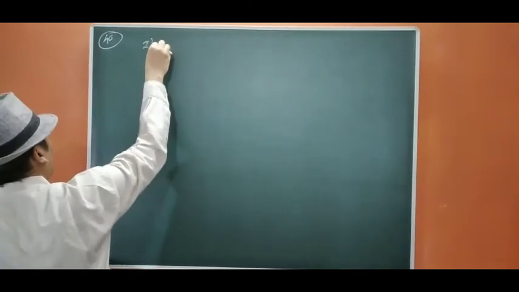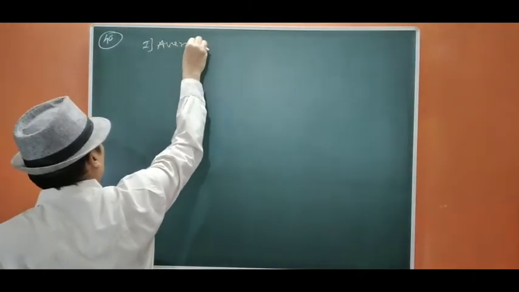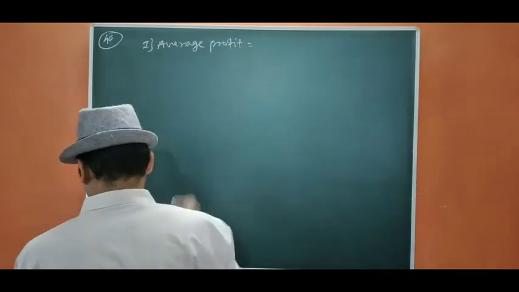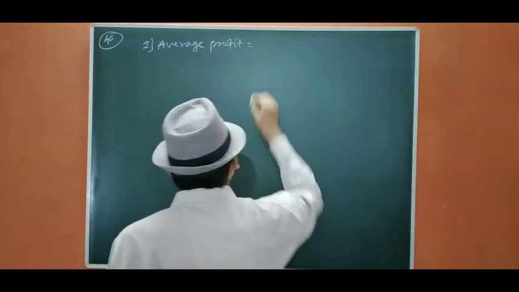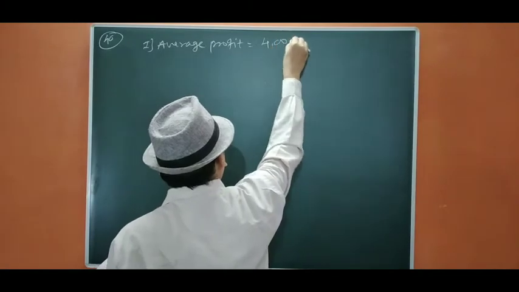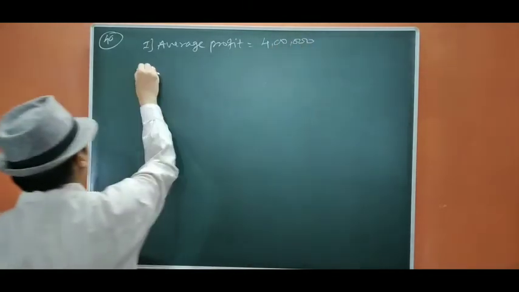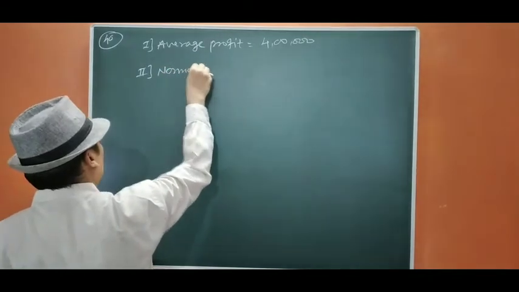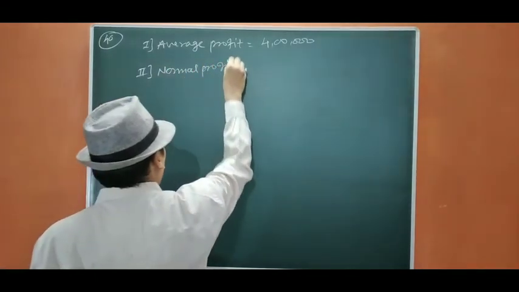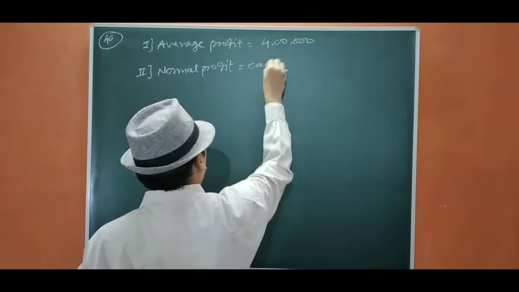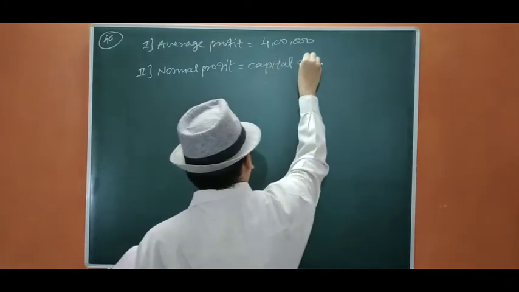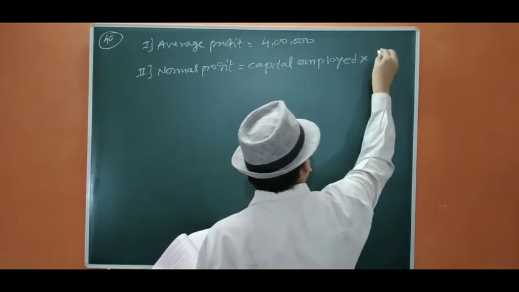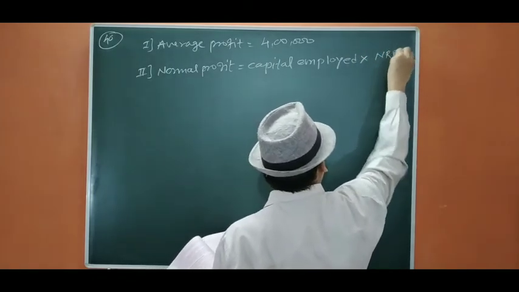Okay, so question number 40. First, average profit. So average profit is given to us, and it is 4 lakh. And second, normal profit equals capital employed into NRR upon 100.